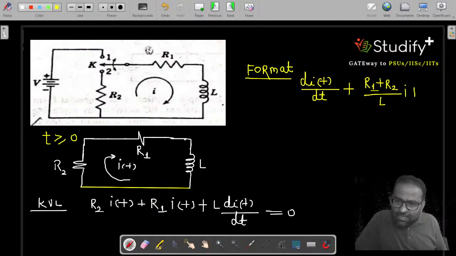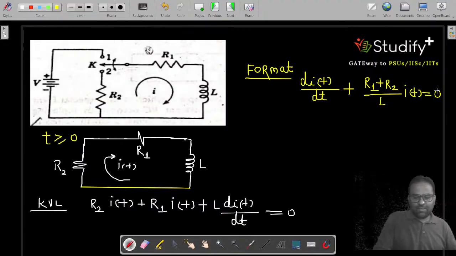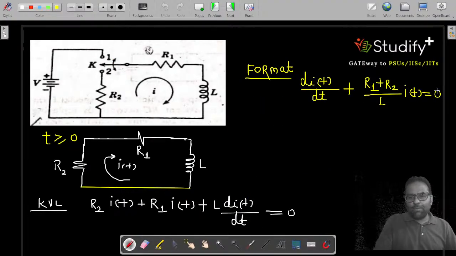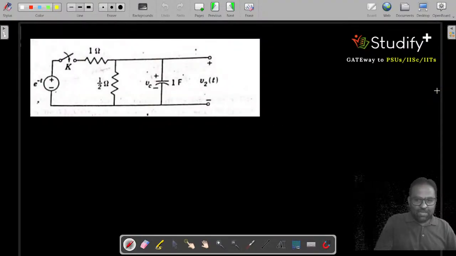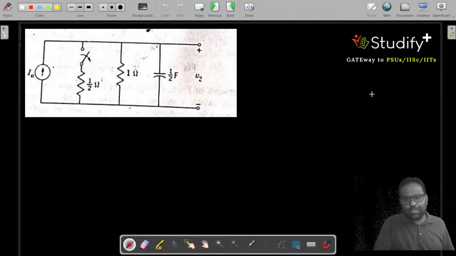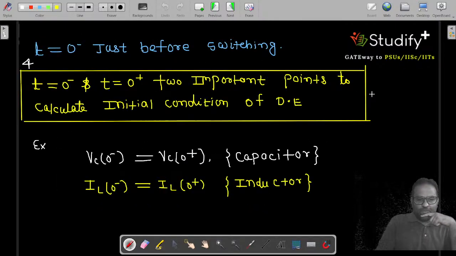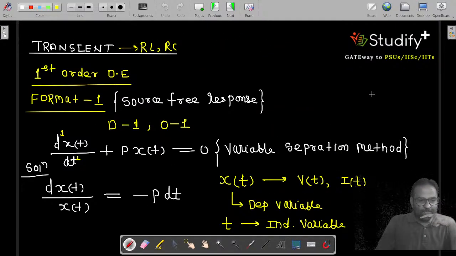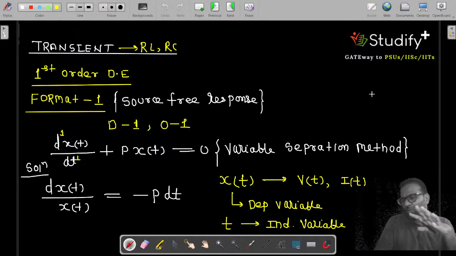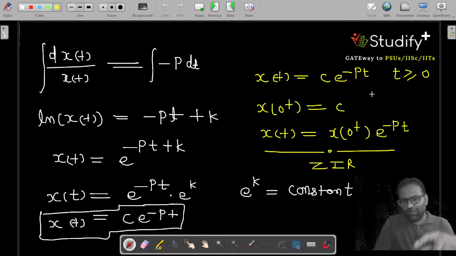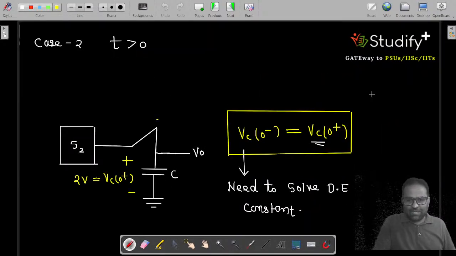Do you know the solution of this? This is the variable separation format, and the solution for the variable separation format is already available. You don't have to remember any formula. It is C into e to the power minus pt.